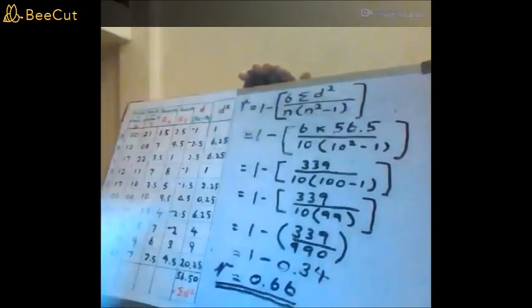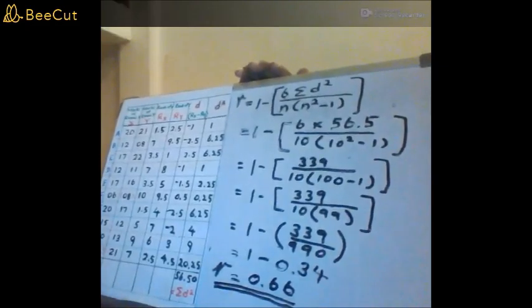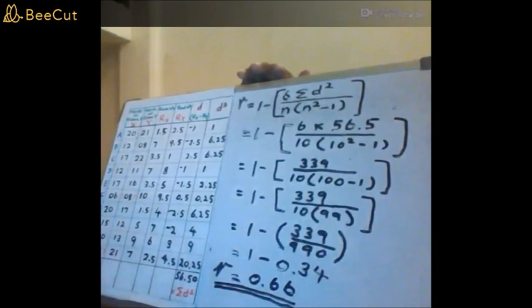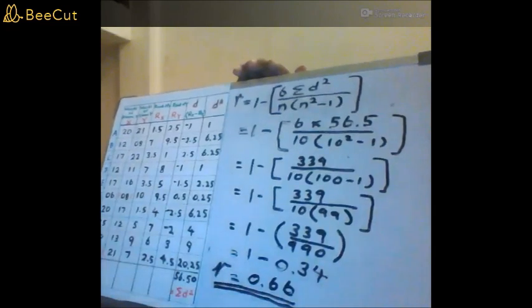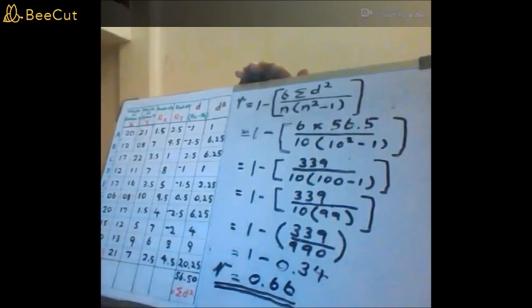So you will have to refer to both. What do you mean by both? The scatter diagram and the coefficient value, right? Now when we interpret this rho value, I have sent you a note. When we interpret this, you have to take it into a percentage. It's easy.